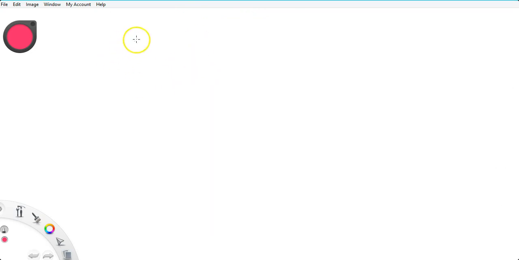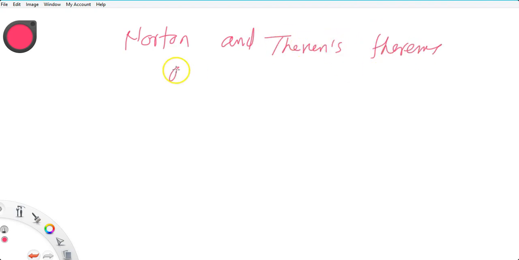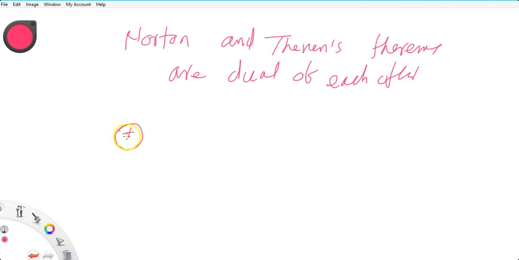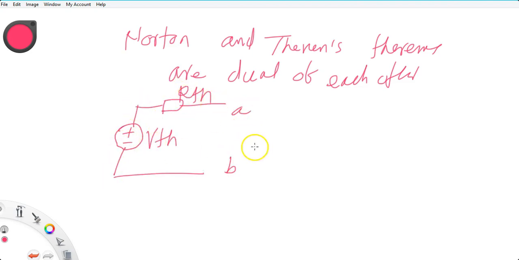You should always remember that Norton and Thevenin are duals of each other. If you have been given the Thevenin values, by source transformation you can find the Norton values.